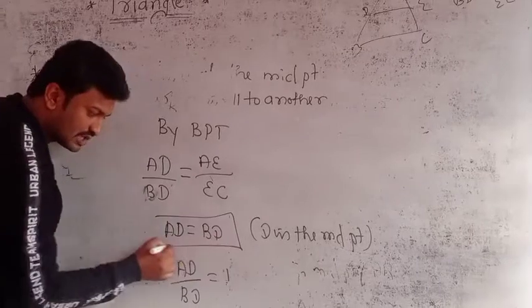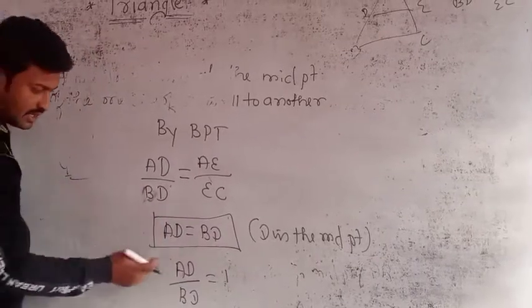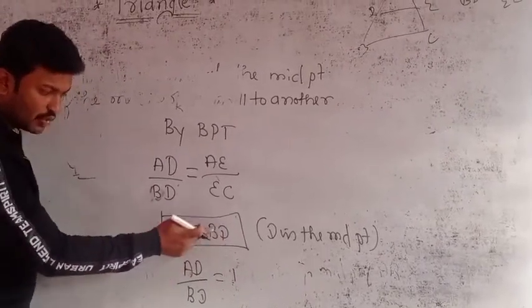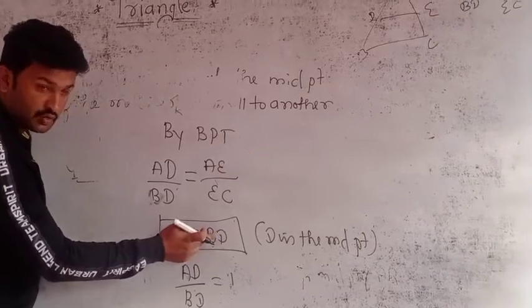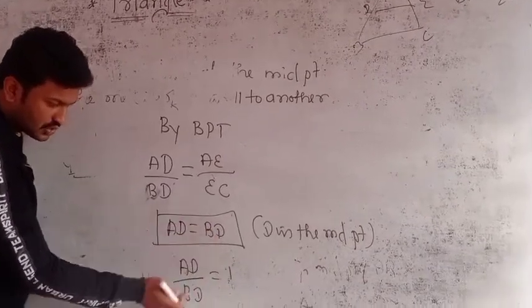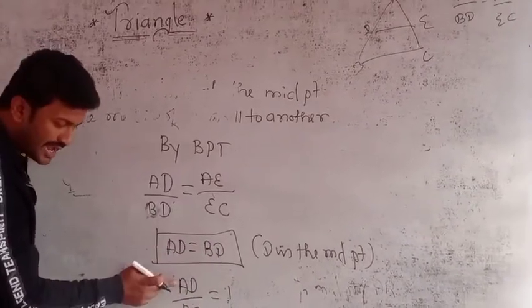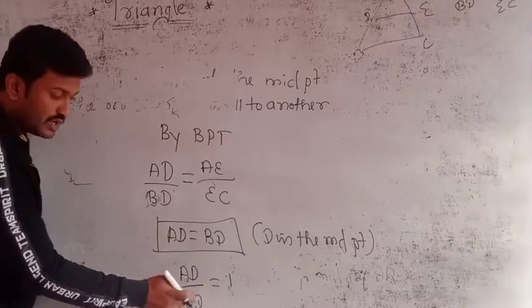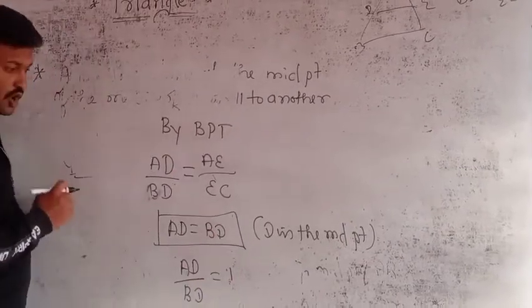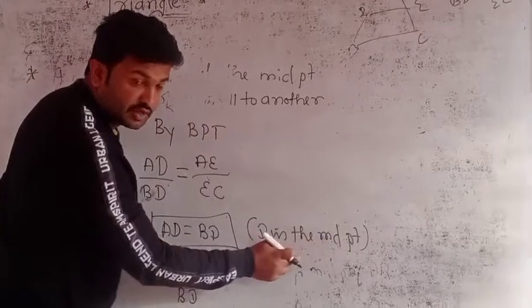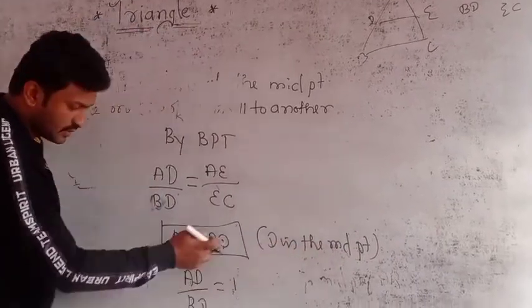This is there in the question. When it goes to the denominator, we are left with 1. Now AD divided by BD equals 1 according to this reason.